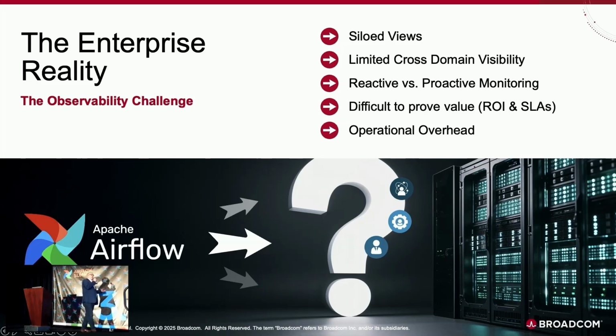But those Airflow systems are often part of a larger ecosystem. Airflow does do a lot of the data pipeline work, but there are other tools and other complex systems and applications that are part of that data pipeline ecosystem.